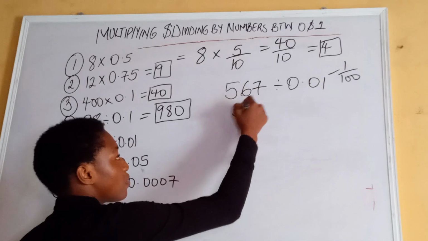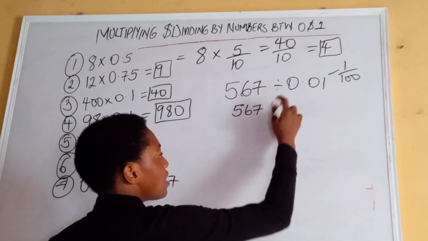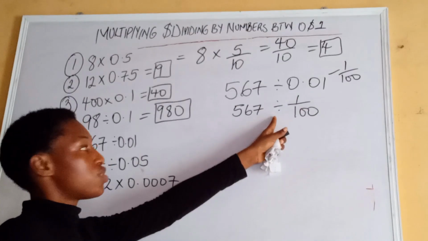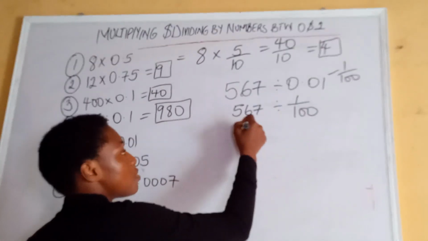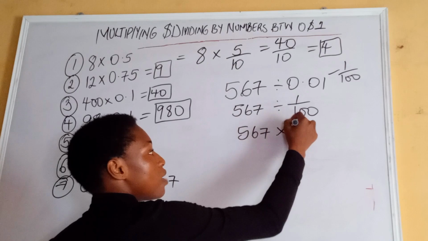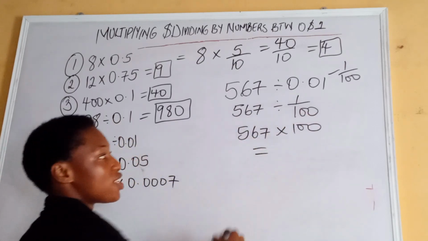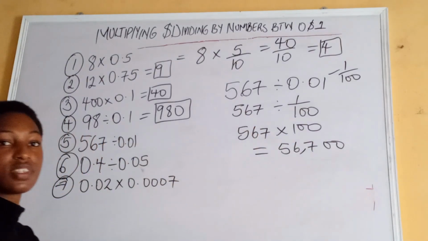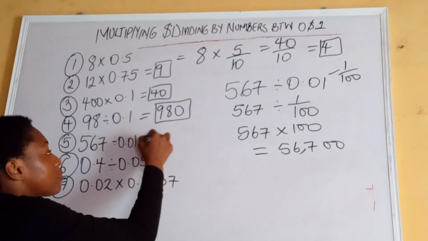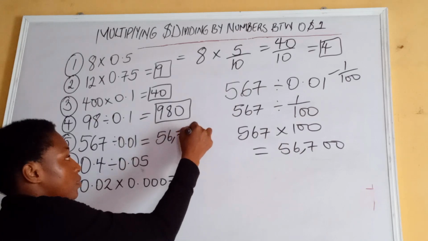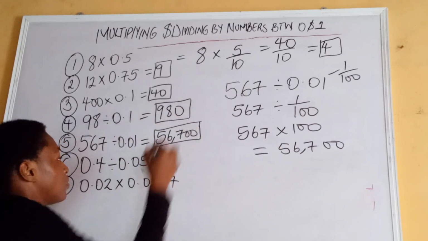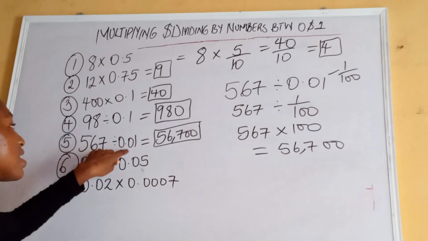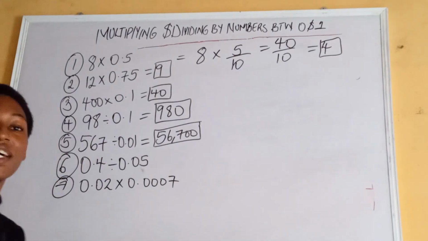So this means 567 divided by 1 over 100. Again with reciprocals, because we want to change this to multiplication, this becomes 567 times 100. Our final answer is 56,700. It works like that for all big numbers like this and very, very small numbers.